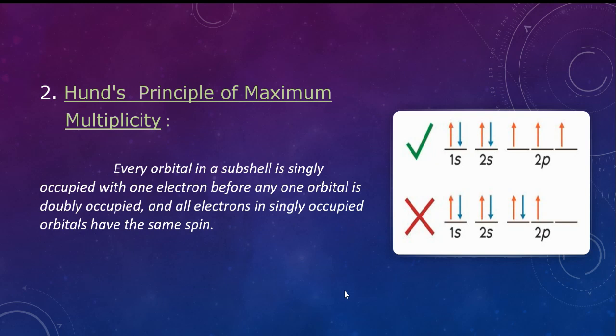The pairing up of the electrons in degenerate orbitals takes place only when all the orbitals are filled with a single electron. Okay? So first it's like this. Suppose 3 or 4 people enter a bus which is empty.